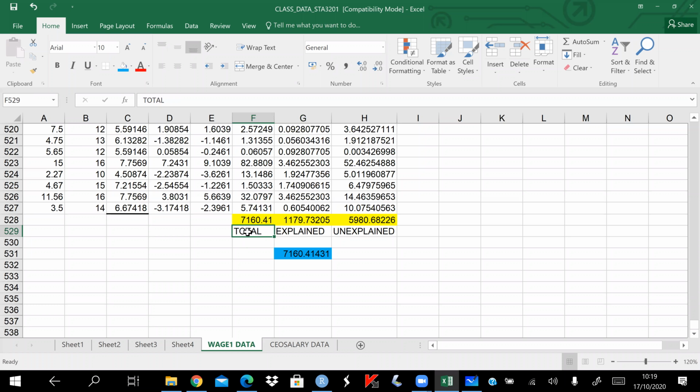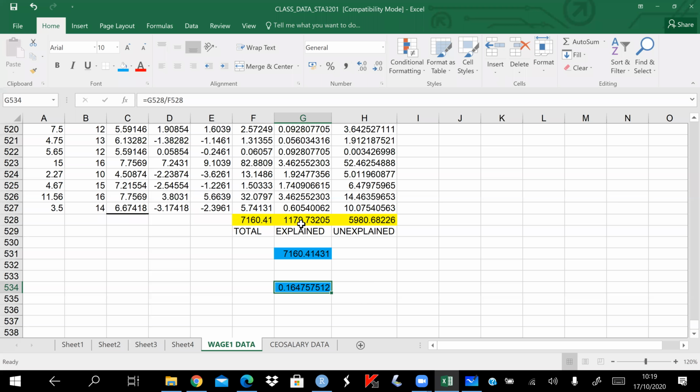So this will be a decimal value between 0 and 1. If you take this number here and divide by this number, basically this is what we are calling R squared, that ratio. It gives you the percentage. You can convert this into a percentage, which will be around 16.5.